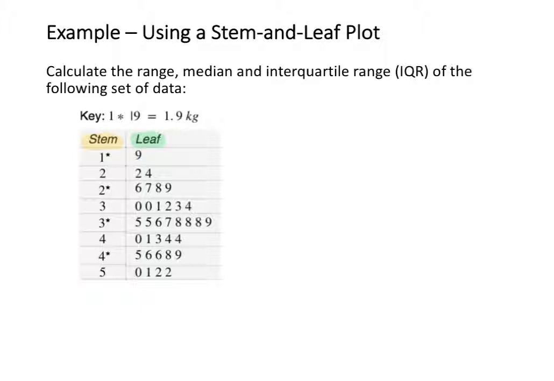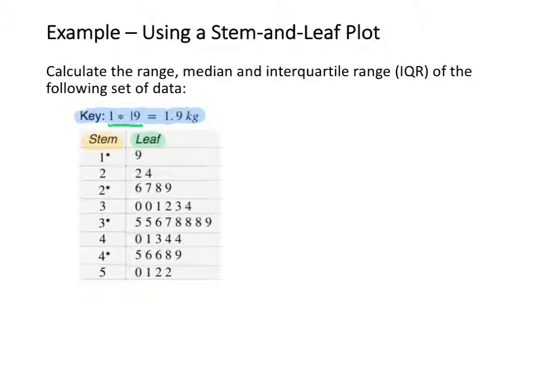When we are using stem and leaf plots, we need to refer to the key that's normally up the top to help us interpret what the values are from the stem and leaf plot. So using our key, we know that 1 with an asterisk and then a 9 is equal to 1.9 kilograms.